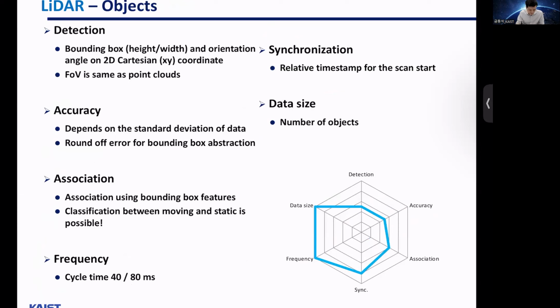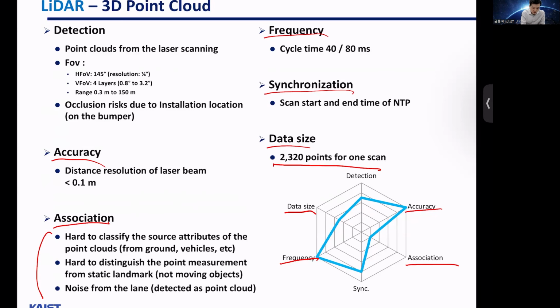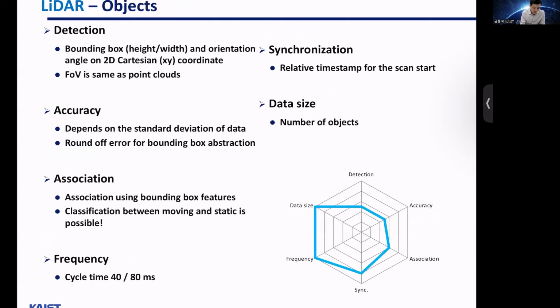Objects using LiDAR. Like I said, here it was the 3D point cloud using the raw data directly. Here, objects using LiDAR, so the data size is much reduced. Frequency can be kept fast, and association can be improved, but accuracy may degrade after perception.